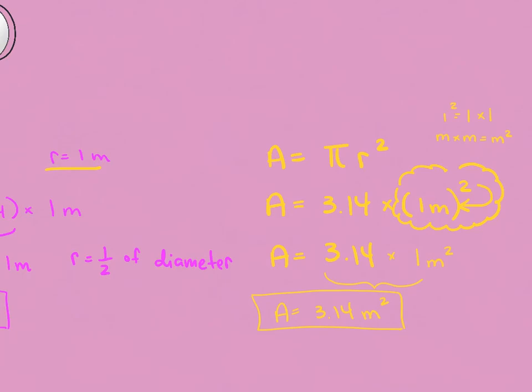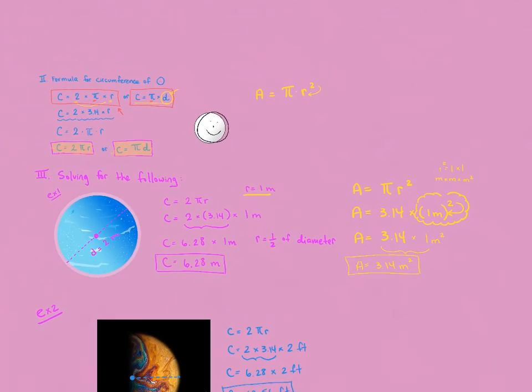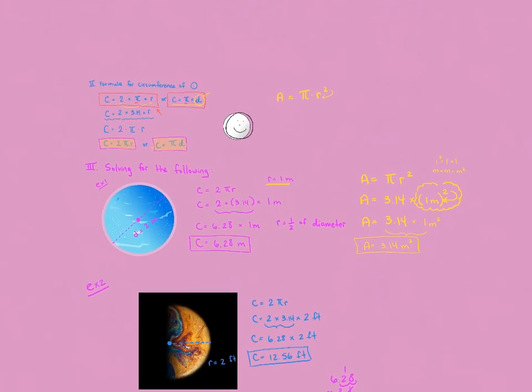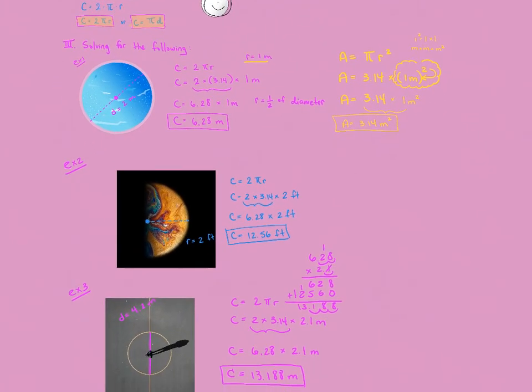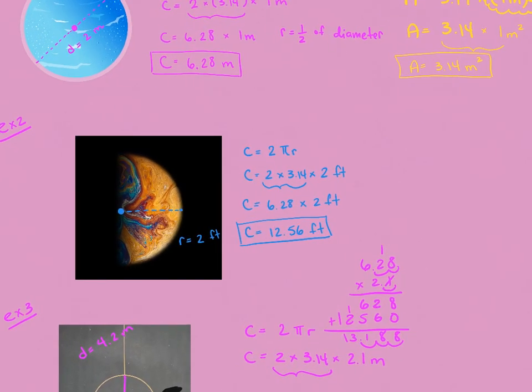Area equals that. Okay, so let's not do all the problems, but let's do one more because this is interesting, and it's going to give you a feel for it. Let's do this one, the planet. So the radius is 2, so the area is pi times r to the second power, remember?